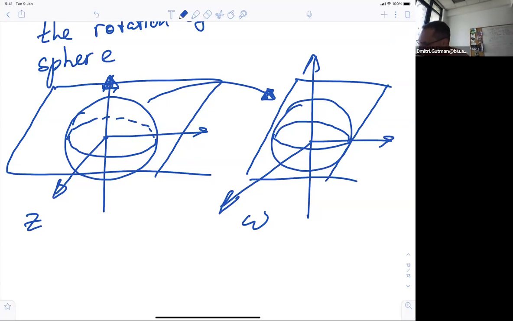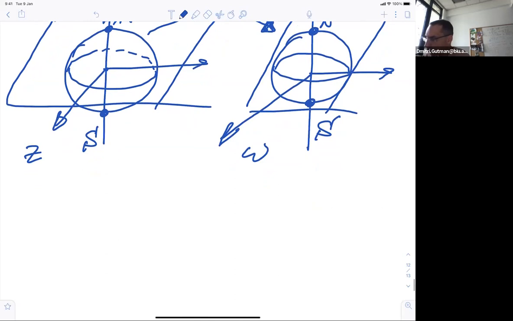So when we start our transformation, we have a special point which is a north pole and a special point which is a south pole of the original sphere, and there is a north pole and a south pole of our target sphere. So what can we say about the Möbius transformation? I remind you, the Möbius transformation was (az plus b) divided by (cz plus d).